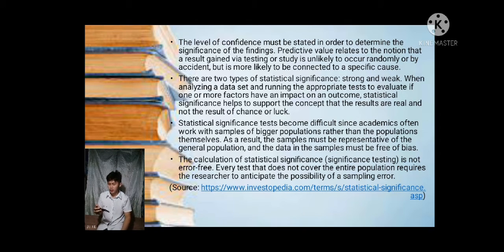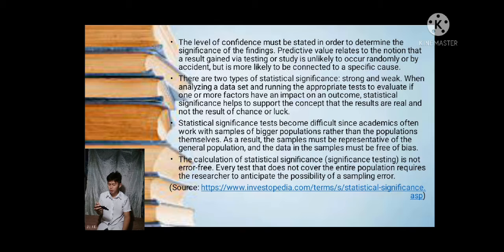The level of confidence must be stated in order to determine the significance of the findings. Predictive value relates to the notion that a result gained by a test or study is unlikely to occur randomly or by accident, but is more likely to be connected to a specific cause.